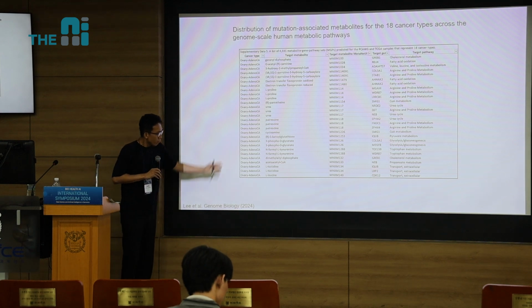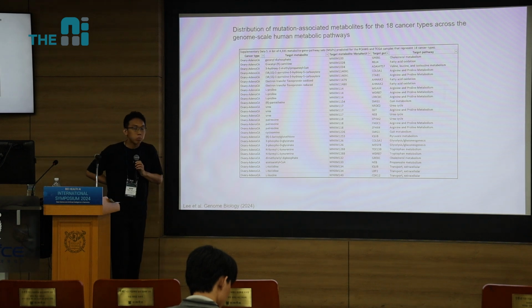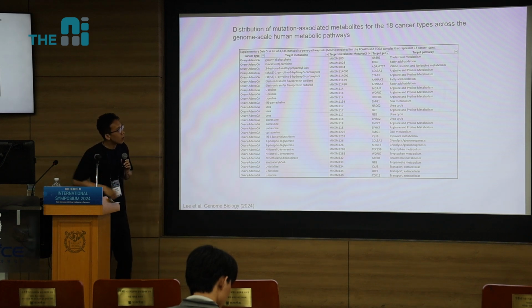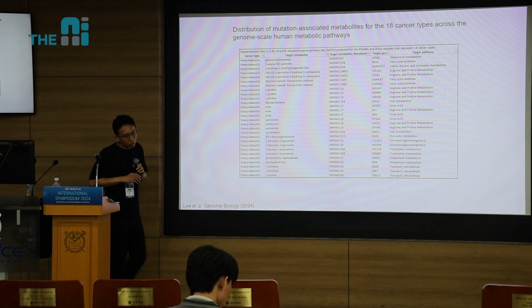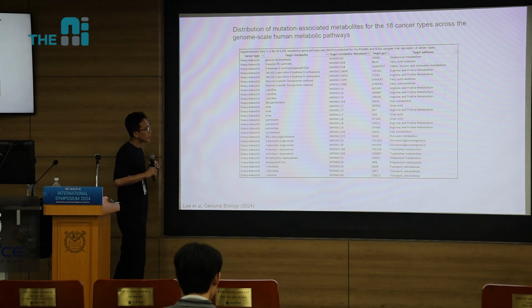So this is the full comprehensive list of the predictions that we made using the platform. We predicted oncometabolite candidates across 18 cancer types.